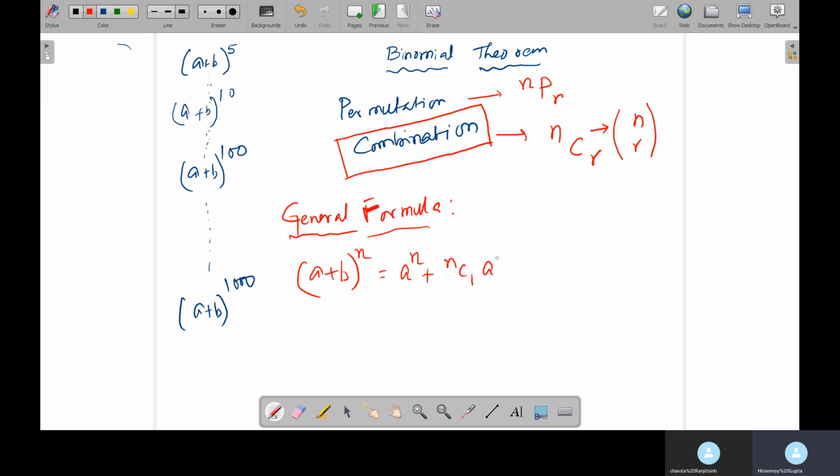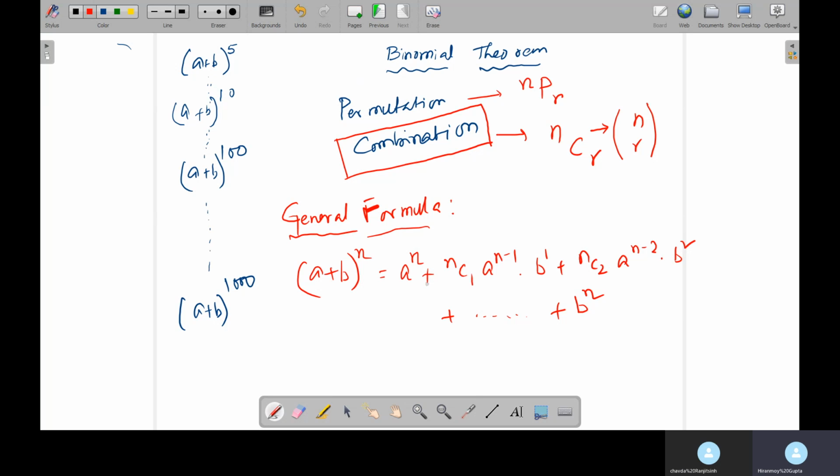A to the power n minus 1, b to the power 1, nC2, a to the power n minus 2, b to the power 2, and slowly if you develop, coming to the last part, that is b to the power n. When the n value is 100, 1000, 10,000, 100,000, whatever, you can just place it over there. You will get a correct expression.